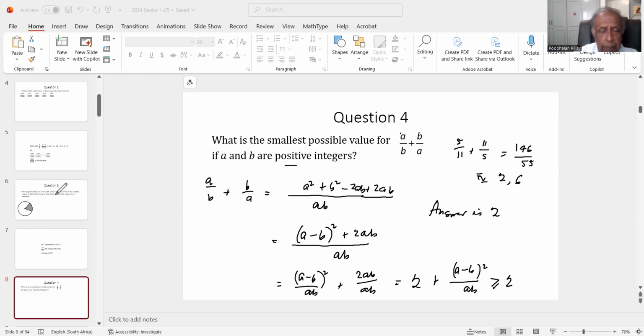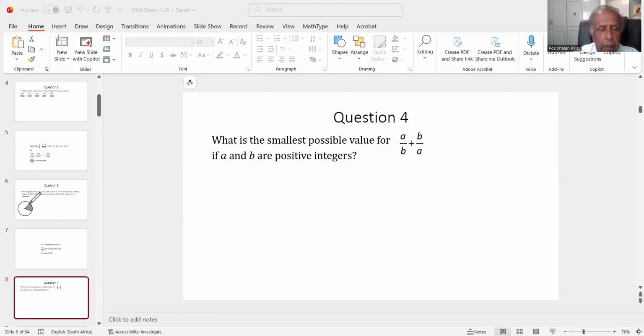Actually, while I'm here, I should say the following. Let me just clear this. This is a very, very important inequality. It's used very often. It's the following. (A plus B) all squared is equal to A squared plus 2AB plus B squared.